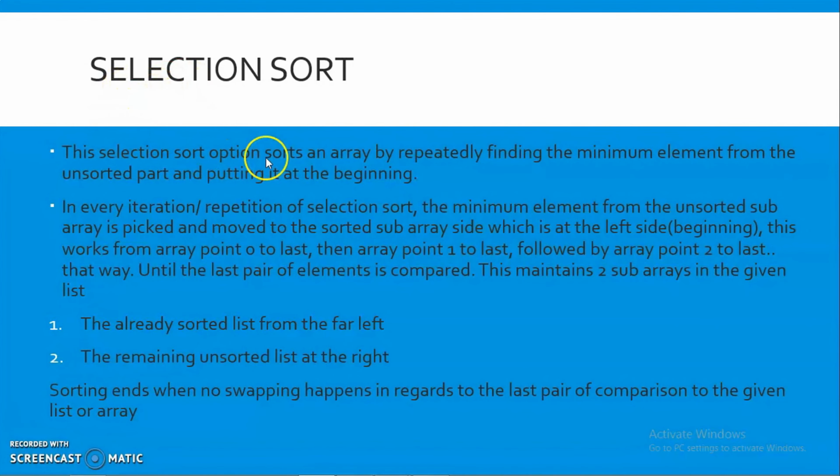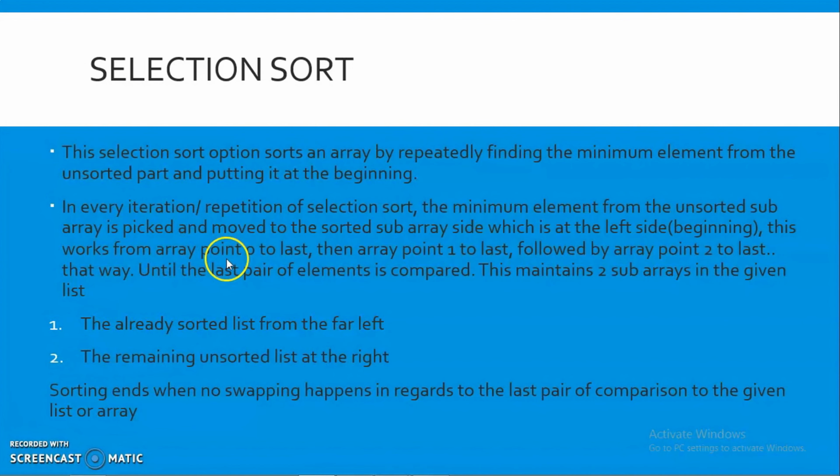Selection sort is an option that sorts arrays by repeatedly finding the minimum element from the unsorted part and putting it at the beginning. In every iteration of this sort, the minimum element from the unsorted sub-array is picked and moved to the sorted sub-array, which is in most cases on the left side or at the beginning.